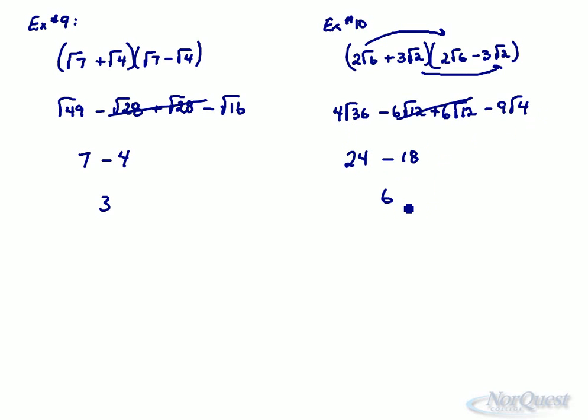Now, why is this important? Well, the last thing that you're doing in your notes is rationalizing binomial denominators. Remember, one of the rules in simplifying is to not have a radical in the denominator. Well, if you have a single term, it's easy to multiply top and bottom by that single term. But if you have a binomial, you can't do that.